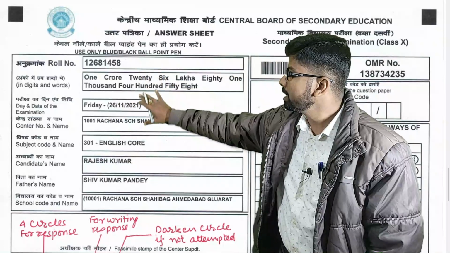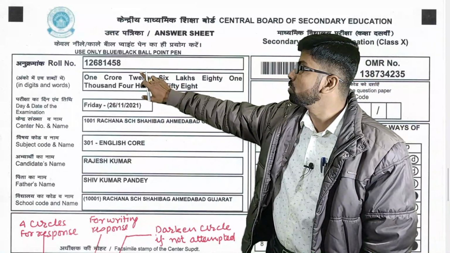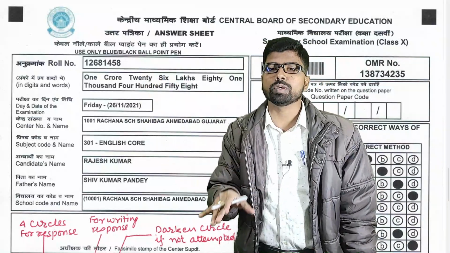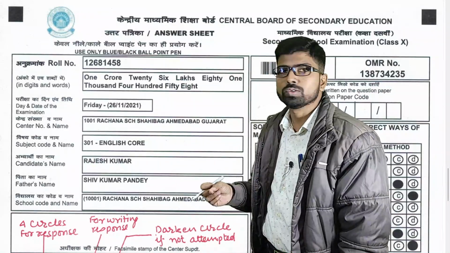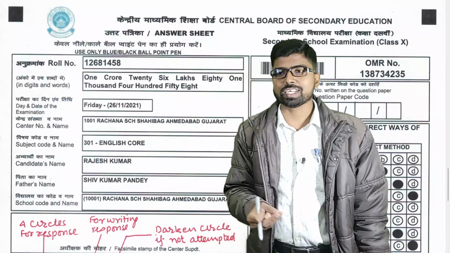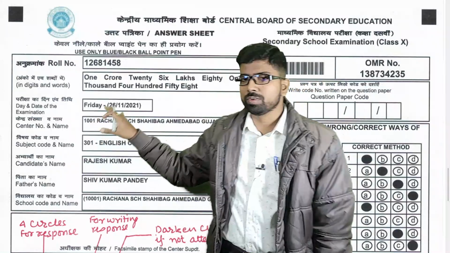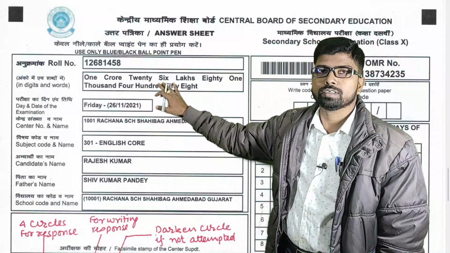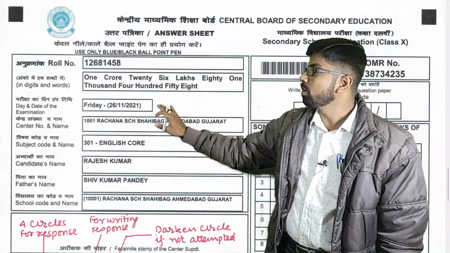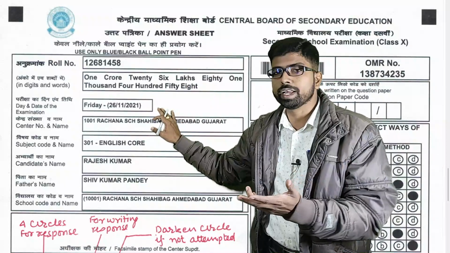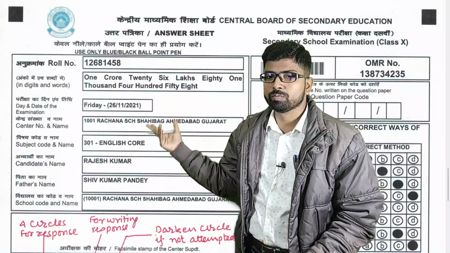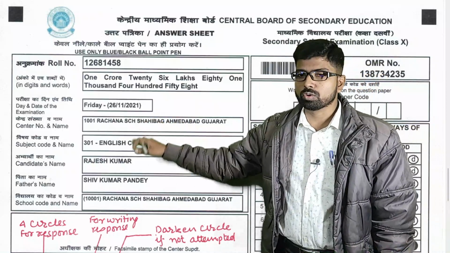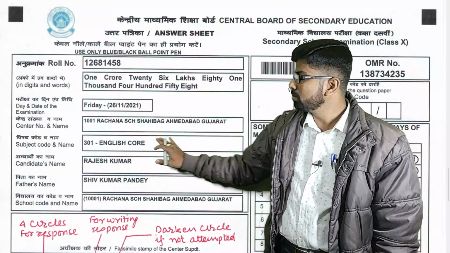You can see the data here. This is one sample given here. This is the roll number. Automatically it will be pre-printed in the OMR sheet. For every student who has already applied for the CBSE examination, the data will be pre-printed. That's the roll number, written also in letters, and the day and date on which the examination will be held will also be written here, and the name, center code, and subject with subject code.